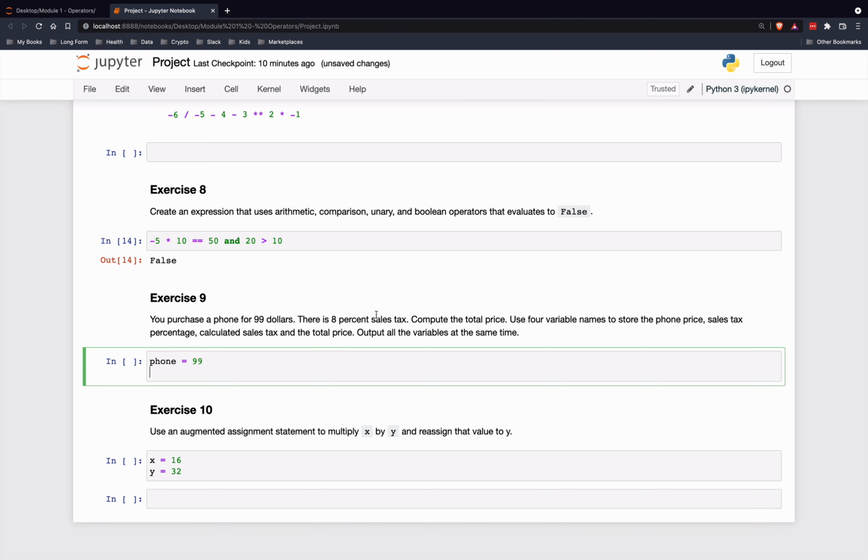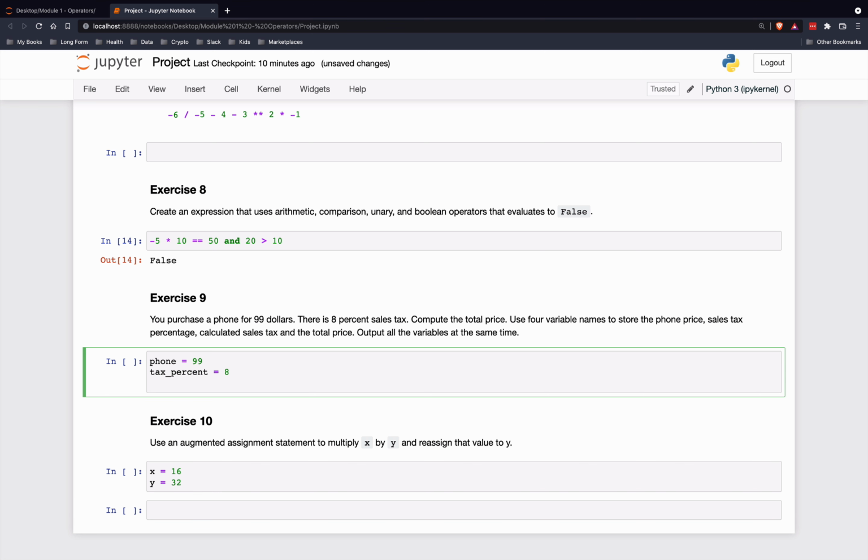The sales tax, we'll say tax percent is 8%. So instead of writing just 8, well, we could write 8.